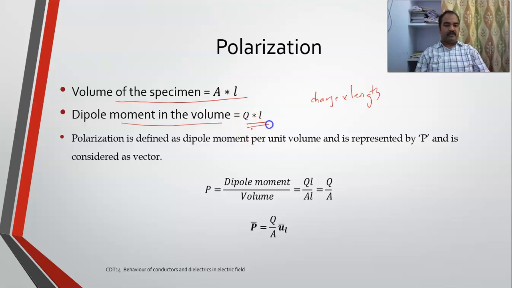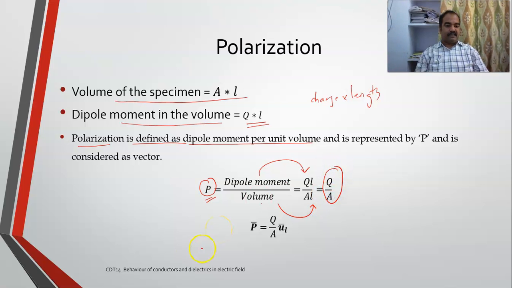Now coming to polarization, the definition states that it is dipole moment per unit volume. Polarization is represented by the symbol P, dipole moment divided by volume. The dipole moment is QL and the volume is A into L, so it is nothing but Q by A, the amount of charge developed inside the specimen per unit area.